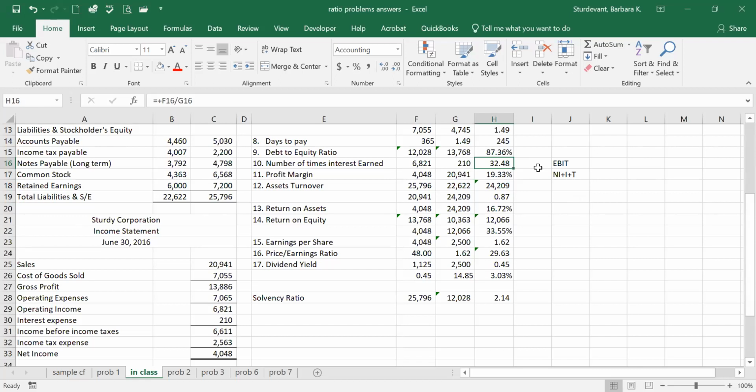If the equipment in your restaurant is pretty huge, costs a lot of money, you might have a situation where you're actually leasing it to buy it, because you can't afford to just go out and buy it. Well, if you don't make that lease payment, they're going to come take that equipment away. And so you want to make sure that you have coverage of that lease payment. And so you would just add that to top and bottom and get the number of times that you have covered that.